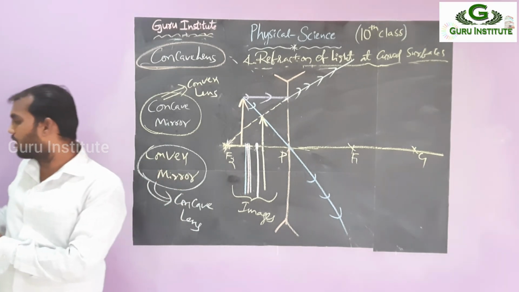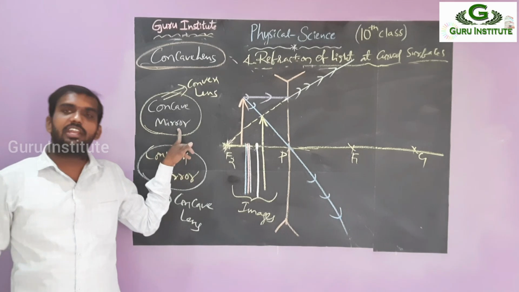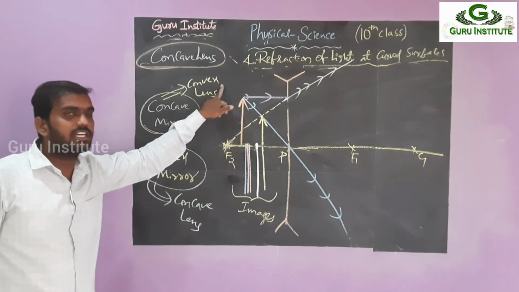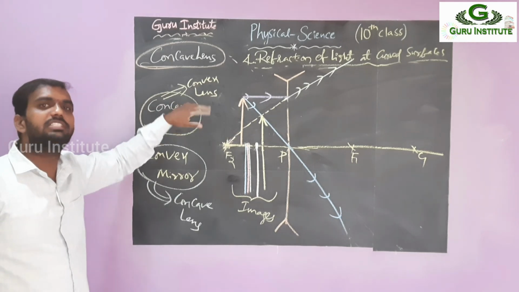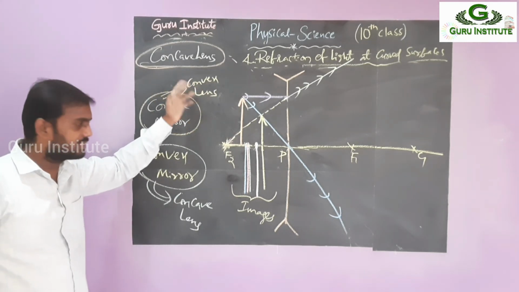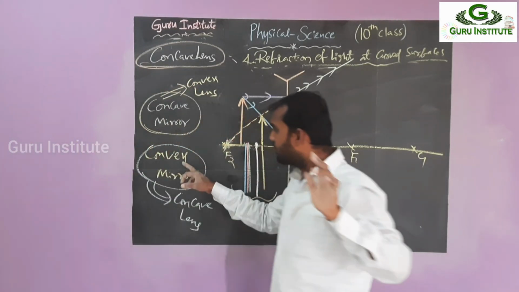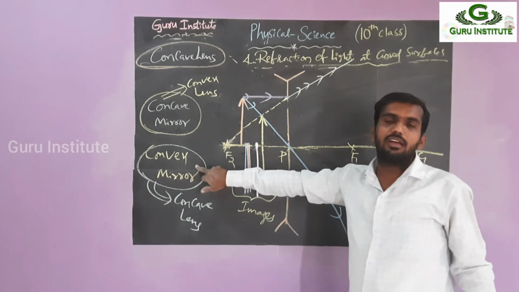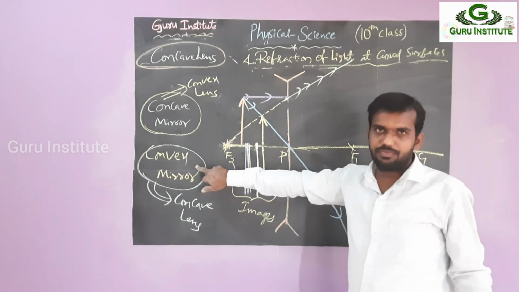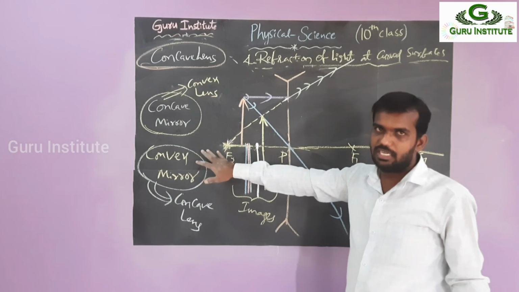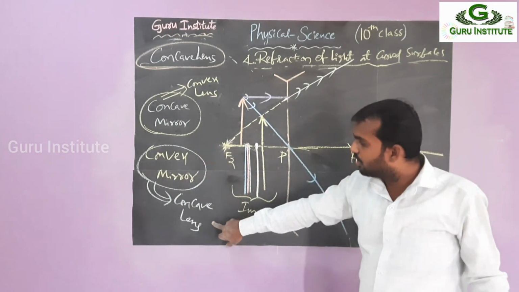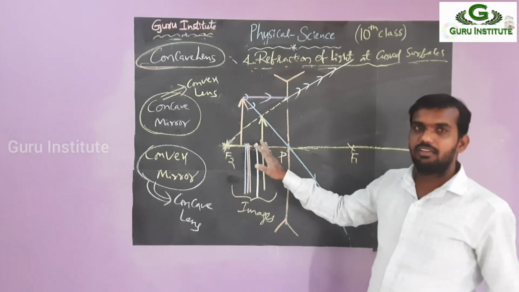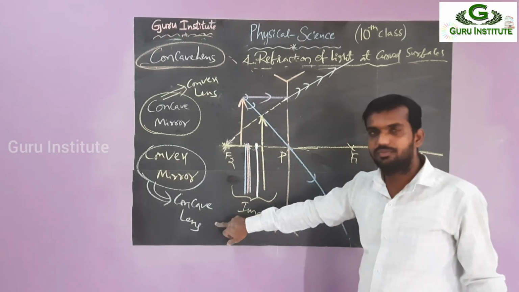These have similar properties. In the concave mirror, the image is inverted and real. In the convex lens also, inverted and real. All cases are the same. Between P and F, that is an erect image, that means a virtual image. As usual, in the convex mirror, all are erect and virtual. There are no multiple cases, only a single case, right? And the image is always diminished. So here also all are the same cases, diminished and virtual.